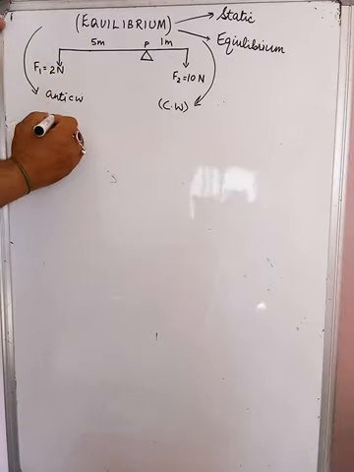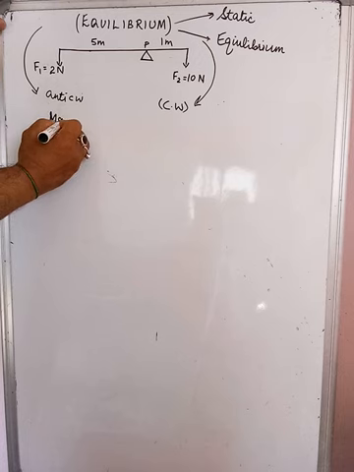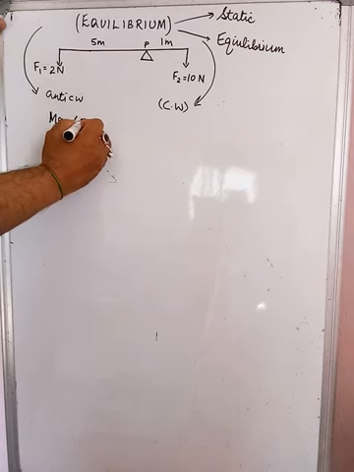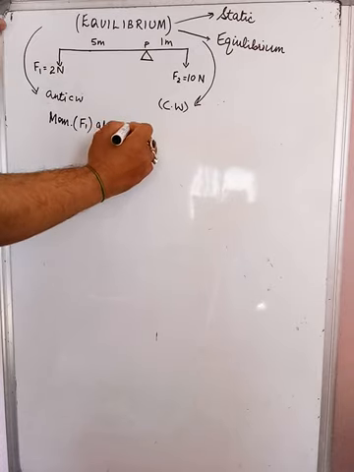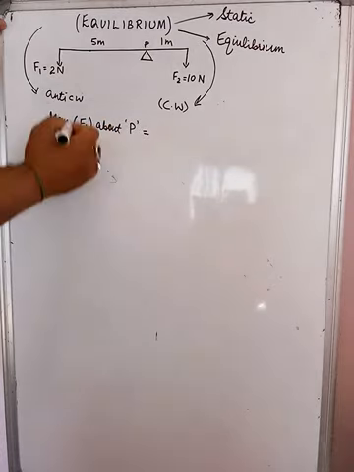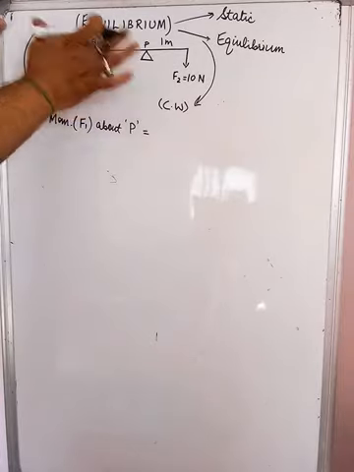So let us check numerically. If we want to calculate the moment of force F1 about the pivot P, the formula will be F multiplied by this distance.